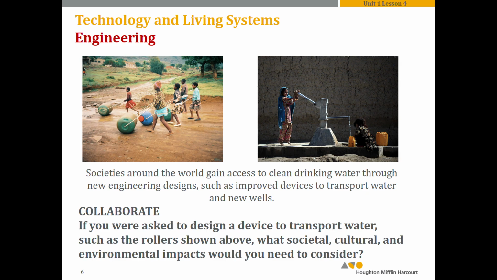Societies around the world gain access to clean drinking water through new technologies, such as improved devices to transport water and new wells. Here the scientists make investigations while the engineers take these problems and find solutions by designing new devices.